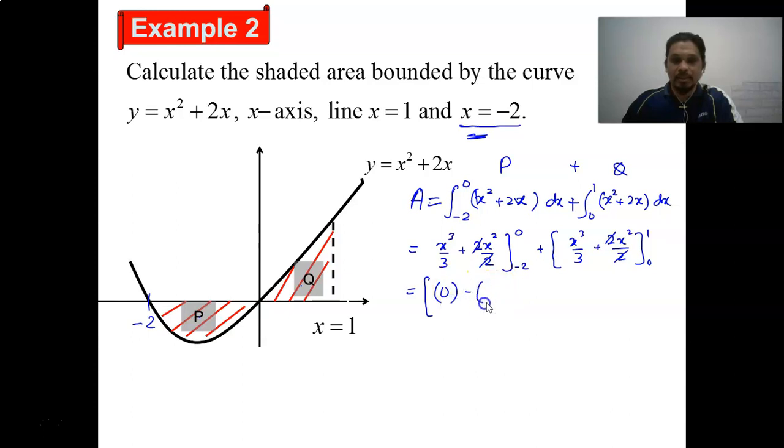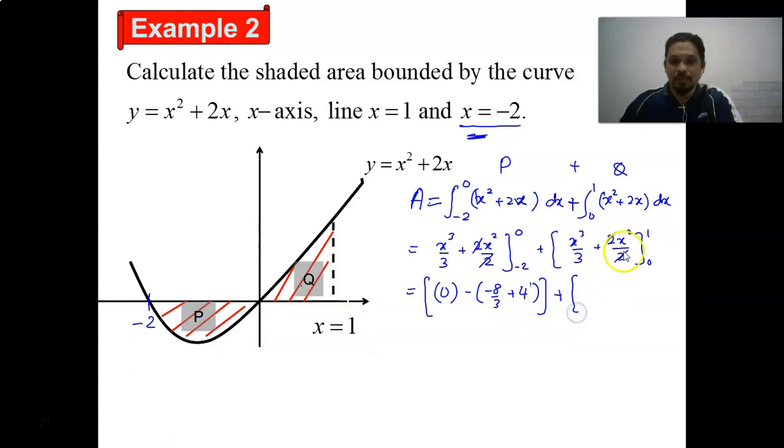Minus, then substitute with -2. -2 cubed equal to -8/3 plus -2 squared, which equals 4.